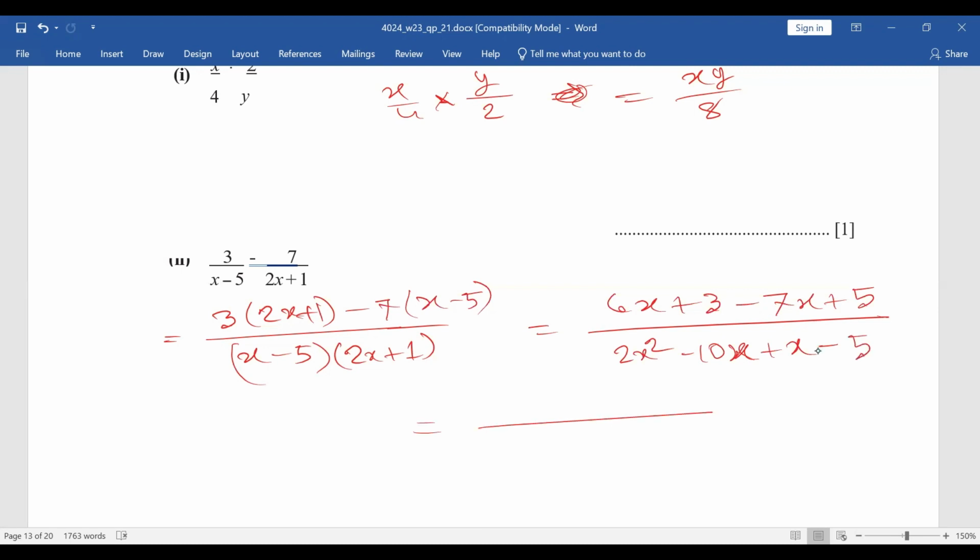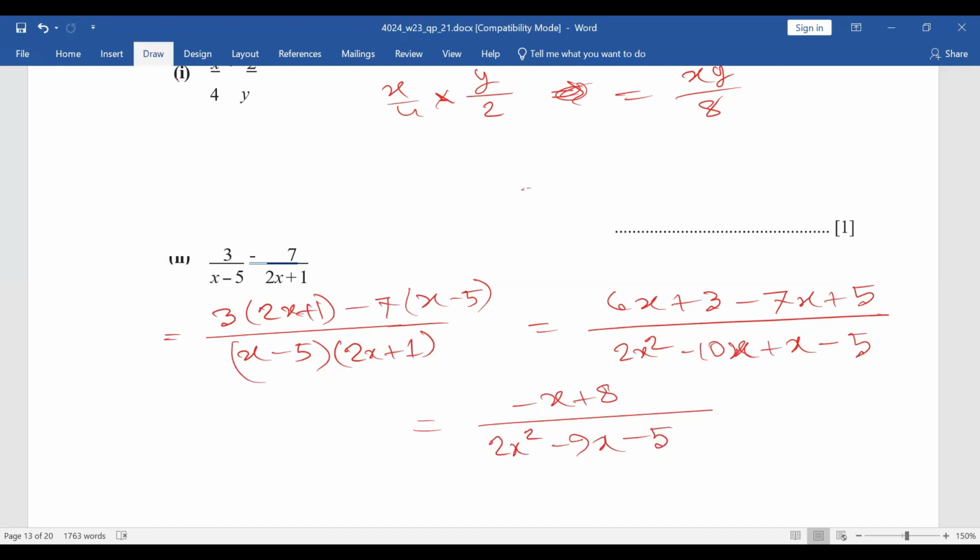Okay, so the numerator will be 6x minus 7x, that is minus x, and plus 3 plus 5 is plus 8. And the denominator will be 2x squared minus 10x plus x, that is minus 9x minus 5.